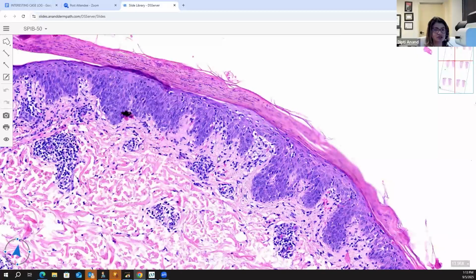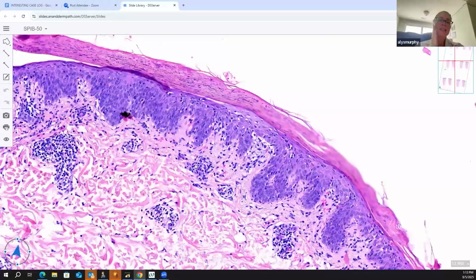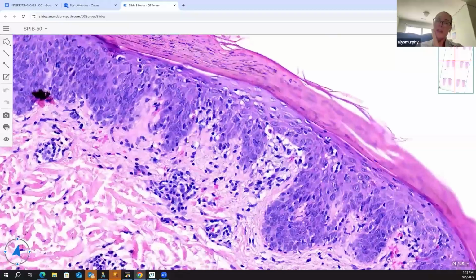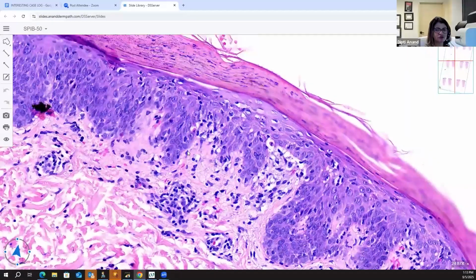I'm so proud of you because you picked up the right disease, but then you said the opposite thing. Didn't you say that you see interface? I'm sorry, vacuolar. When you say vacuolar, what do you imply in your head? I see some changes at the DJ. So when you use the word vacuolar, you're automatically in the interface category.